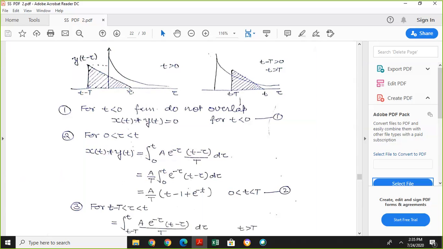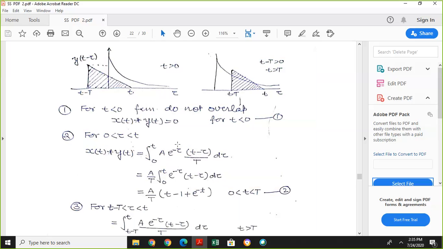When tau is less than t and greater than 0, means in this region, x of t convolution y of t is given by this expression, integration from 0 to t, lower limit is 0, higher limit is t, and x of tau is given by this expression, and y of t minus tau is given by this.